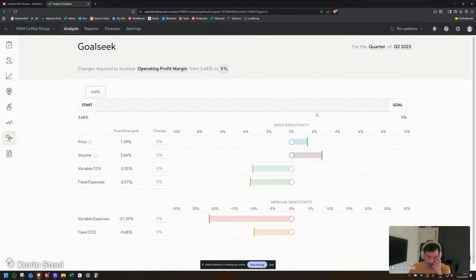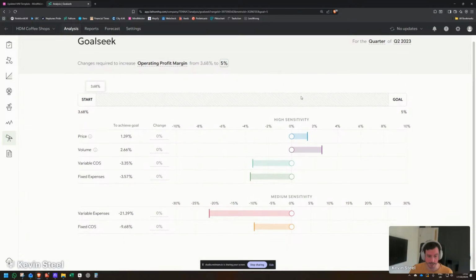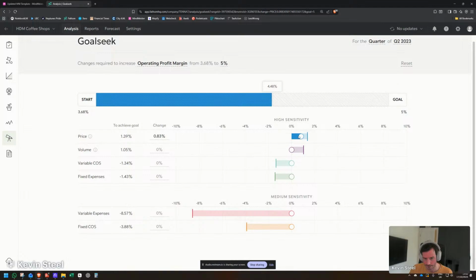What would be the most sensitive levers that we could have pulled to get to our target of 5%? Well, if we increased our price by 0.83%, we get close to our goal. If we decreased our fixed expenses by 0.81%, we get close to our goal. And there's a few other bits of cool analysis that we can do in there.